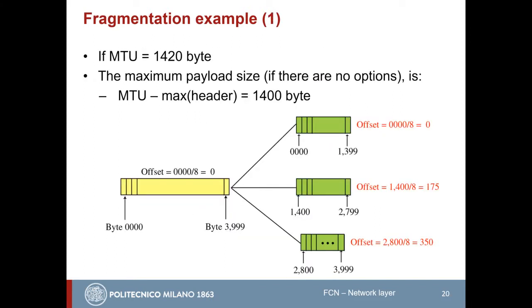When we generate the fragments, we put in the first fragments the maximum possible payload, and then the last fragment will get what is remaining, which is usually shorter than the maximum possible payload. So the first 2 fragments in this case will take 1400 bytes each.